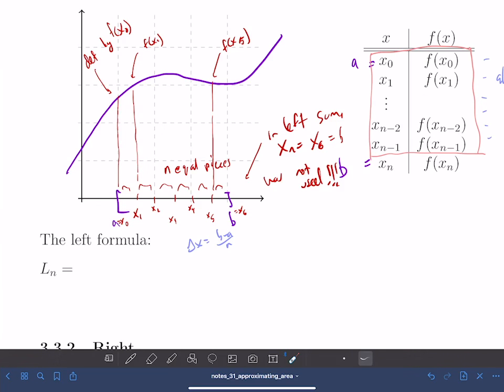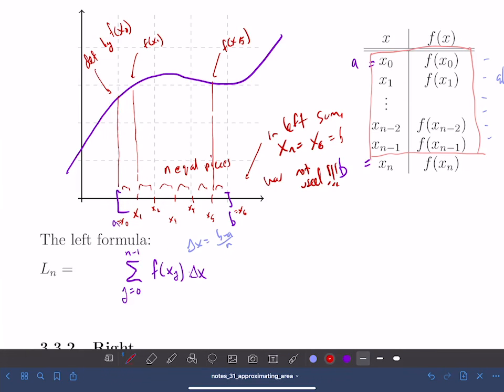That is to say, I get to write that I have the sum from j equals 0 to n minus 1. We're omitting that top one. What am I adding up? f at x sub j. And I'm multiplying all of those by delta x.